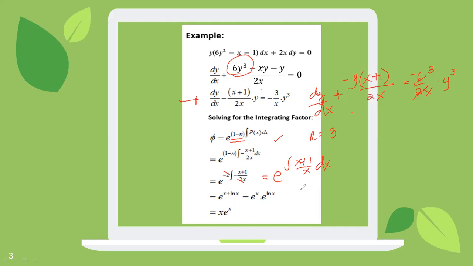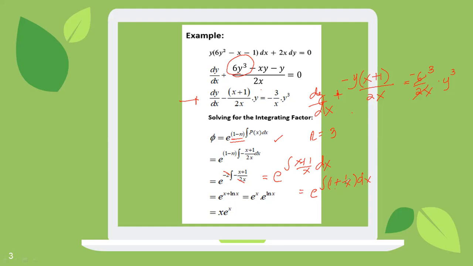And I'll write it here again. So it would be e raised to the integral of 1 plus 1 over x dx. So x over x is 1 and dx is multiplied also to 1 over x in the second term.